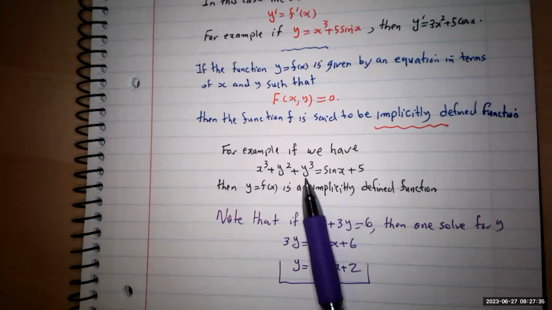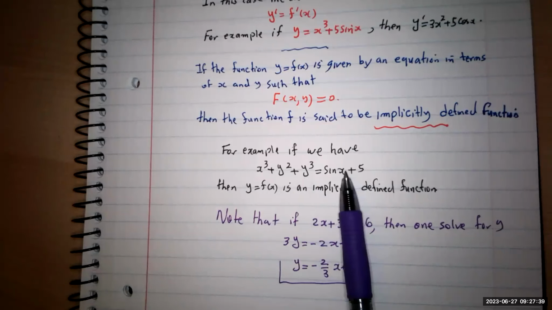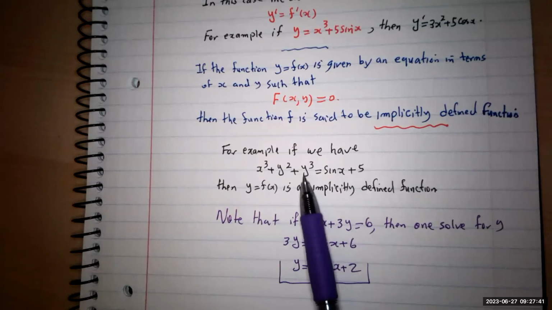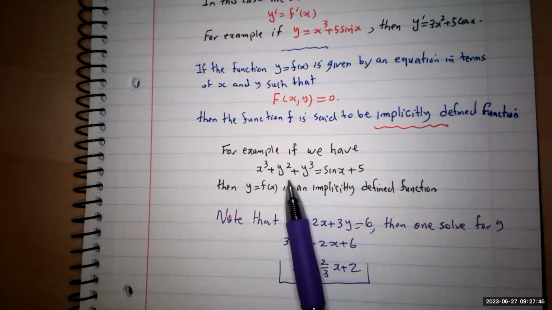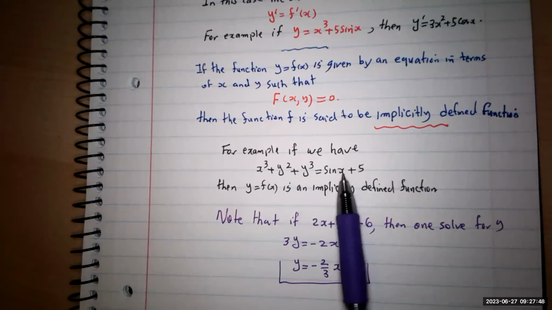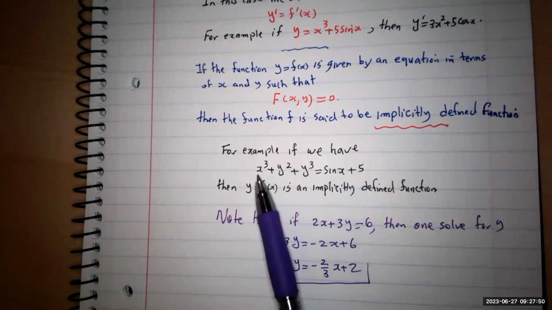But if you know that this y is differentiable, we can differentiate both sides and find y prime. How are we going to do it? We use the chain rule. So when you differentiate both sides, for the x cubed, the derivative would be 3x squared.